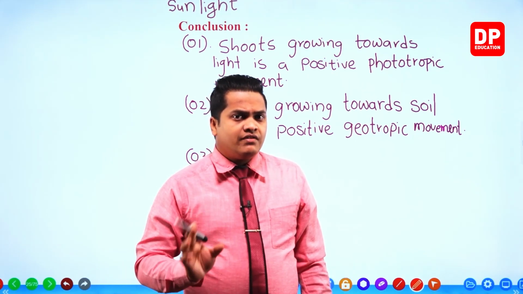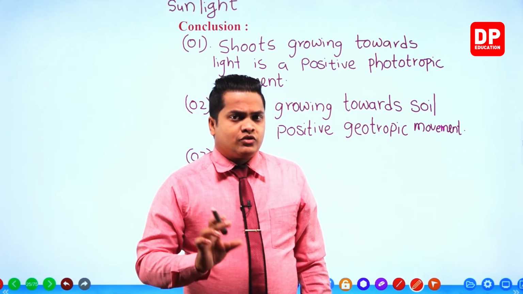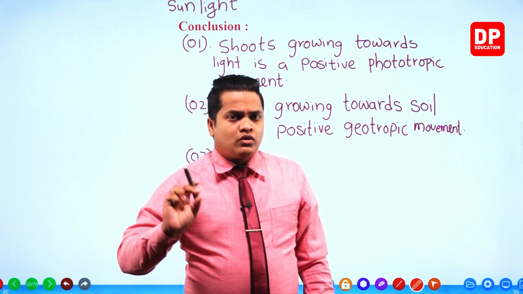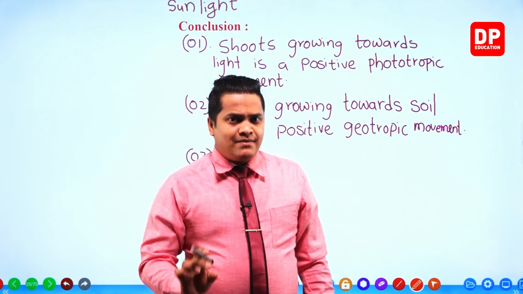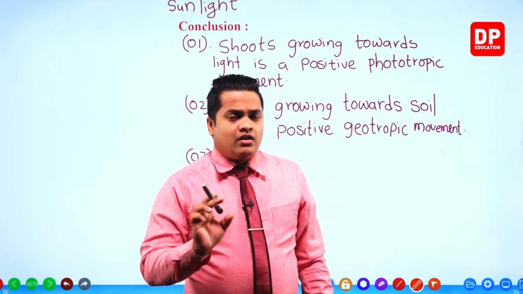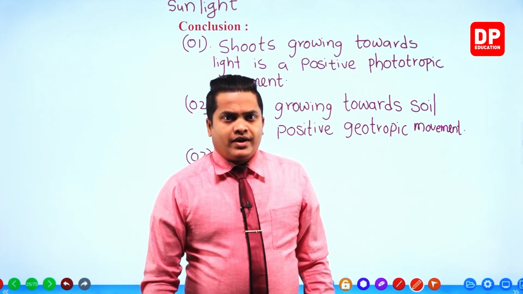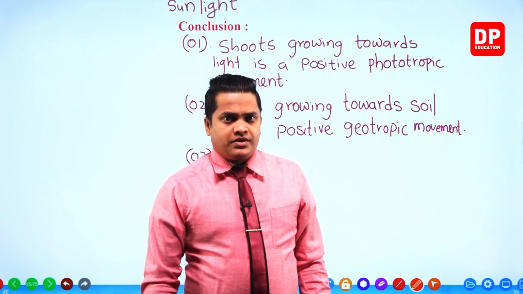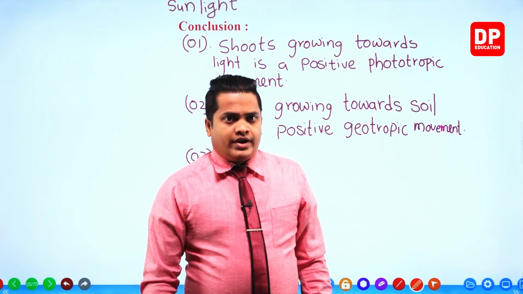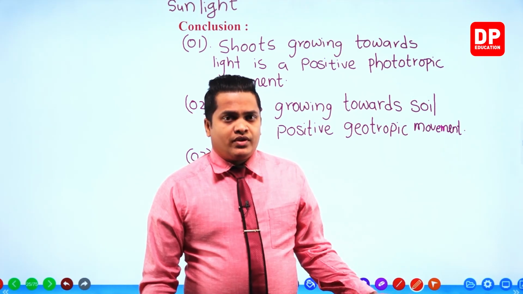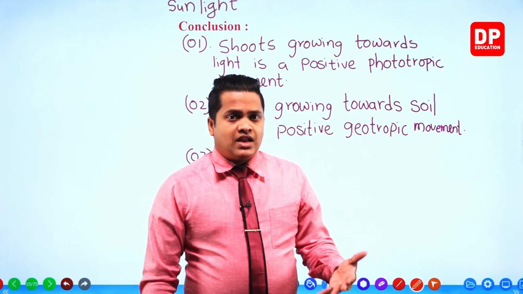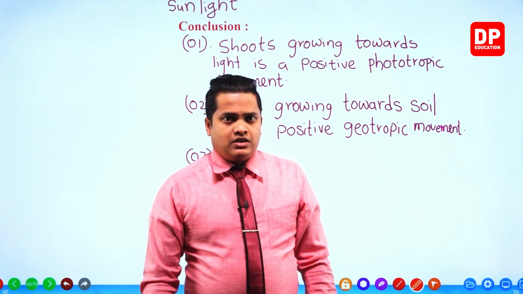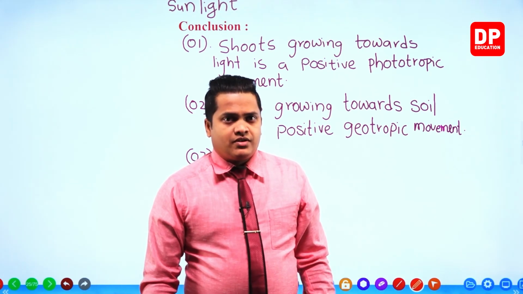Okay, it is growing away from the soil. So that means growth of a shoot can be taken as a negative geotrophic movement, right? Yes, we can take it as a negative geotrophic movement, right? Because the stem is always growing towards the light or away from the soil. Okay, away from the soil.